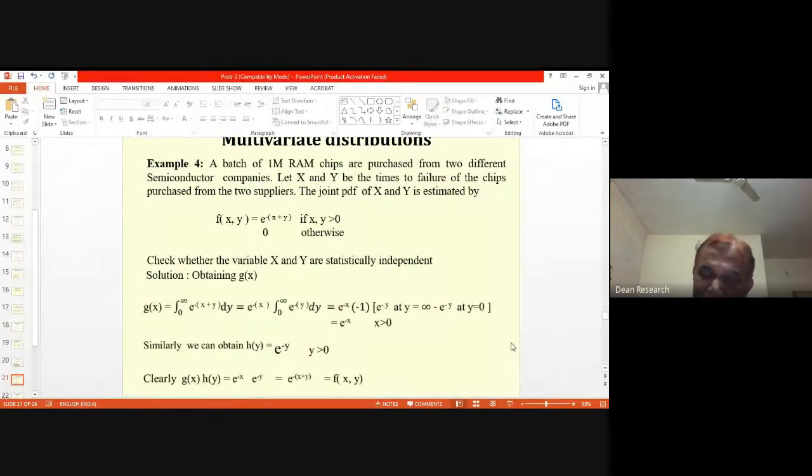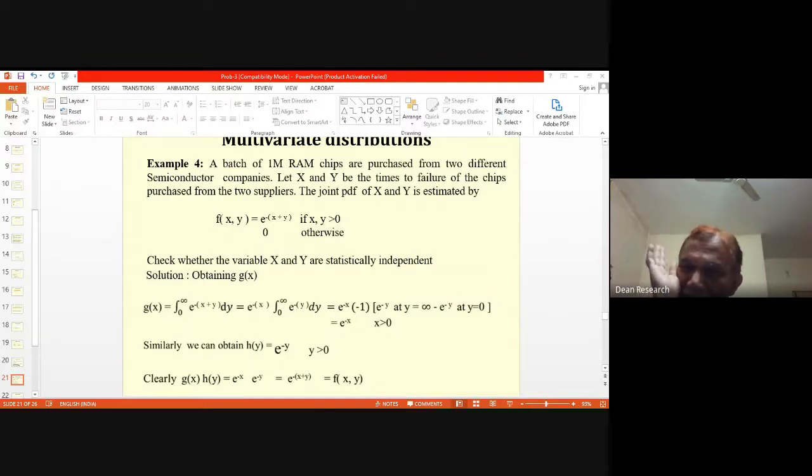How do you do this? Very simple, not difficult. You get g of x and h of y. Once you get g of x and h of y, get their product. If the product is same as f of x comma y, you are through. You can simply declare that x and y are independent random variables.